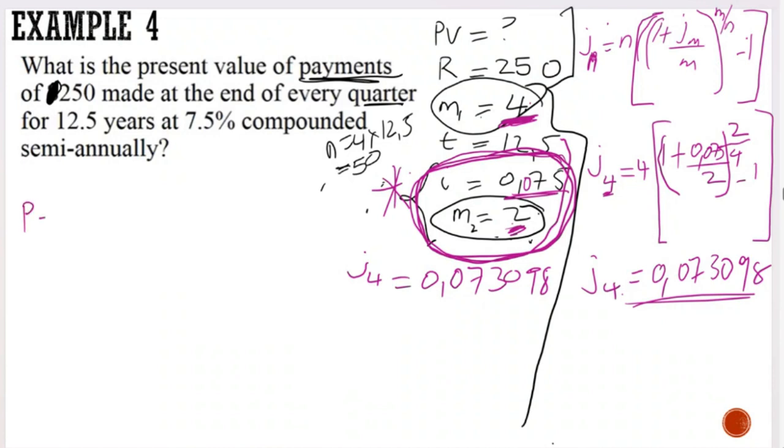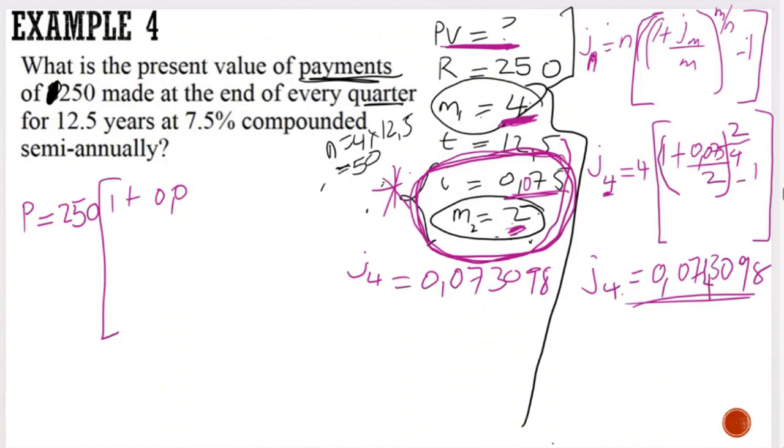So your formula is 250 into the present value. Be careful, you need to choose the correct present value formula, which is going to be 1 plus 0.073098. There should be a 4 here.